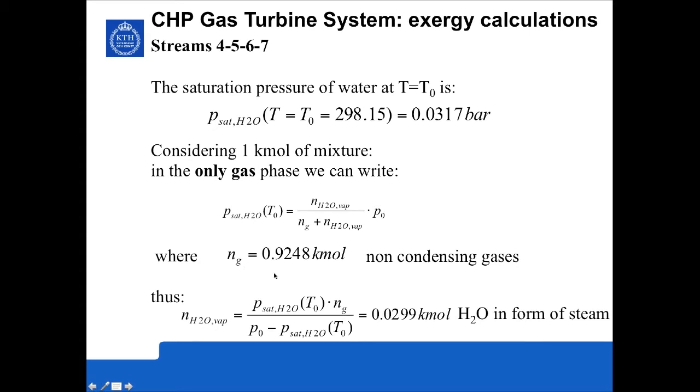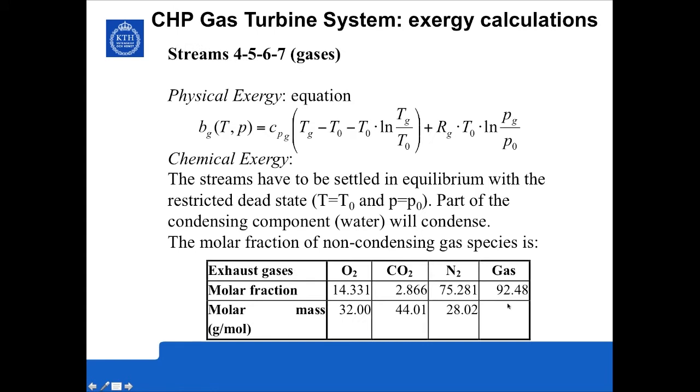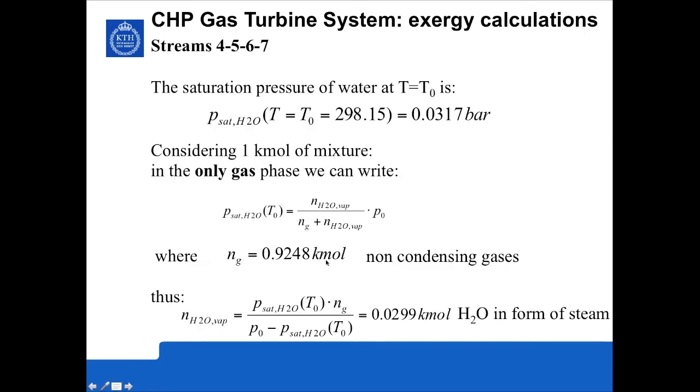The number of moles of gas has been already evaluated because it is this one. Given a kilomole of gas, you will have 0.9248 kilomoles of stable gas, which is this amount, not condensing gases.